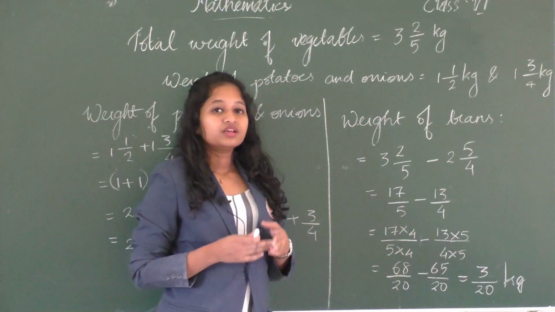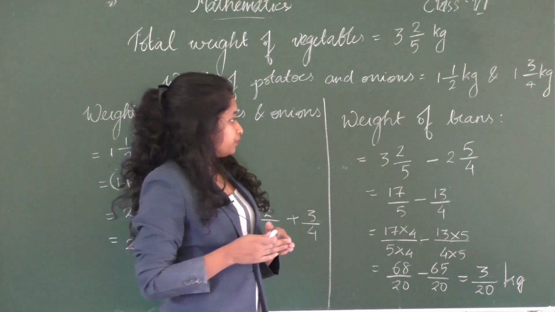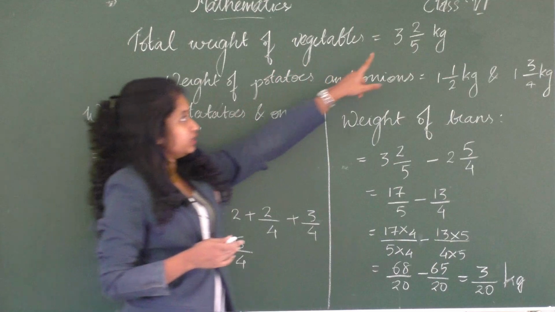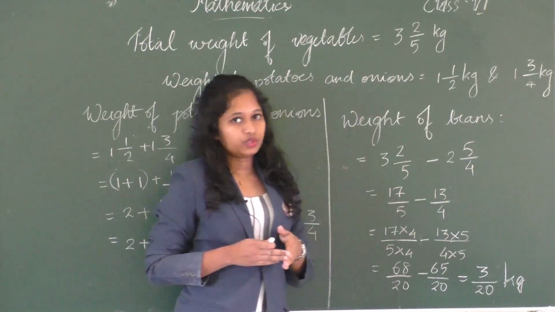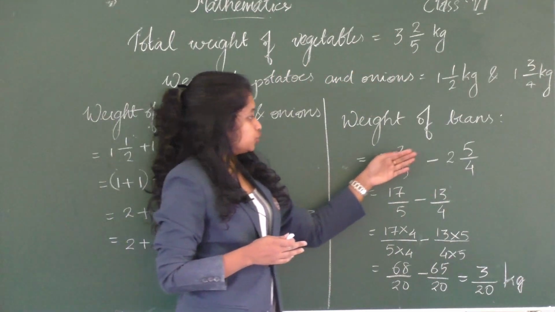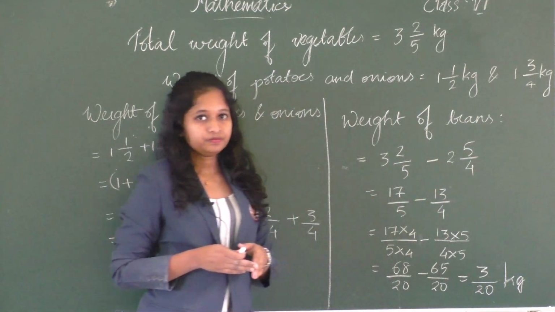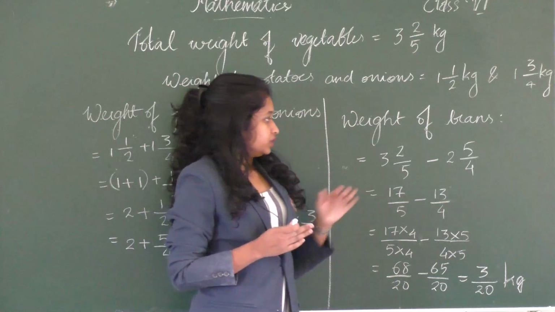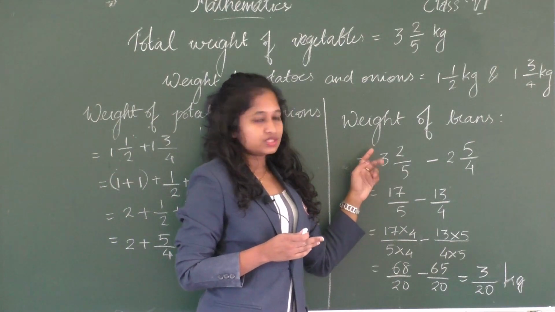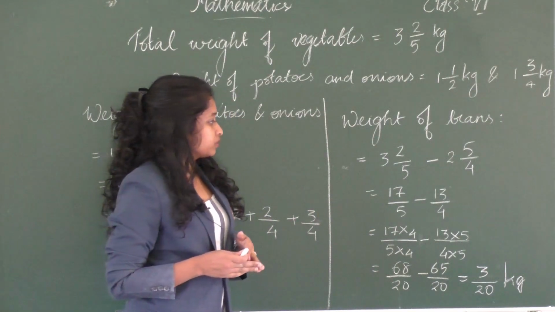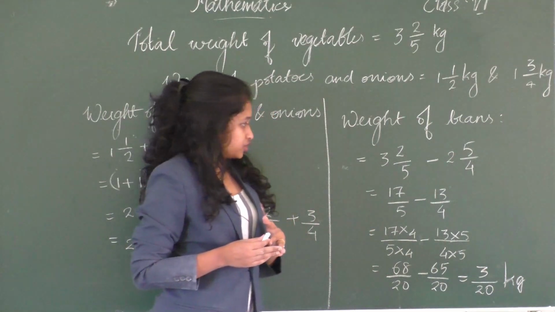And then to find the weight of beans we had to subtract this from the total weight of vegetables. So 3 2 by 5 minus 2 5 by 4. Here first you convert this mixed fraction to improper fraction.